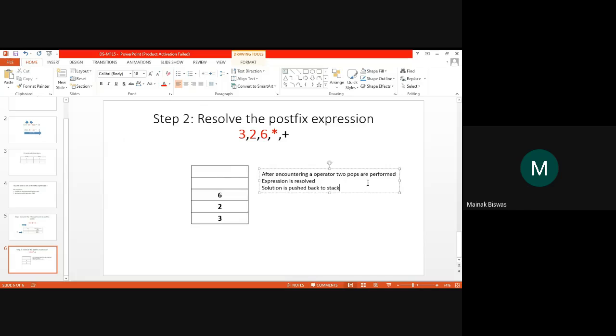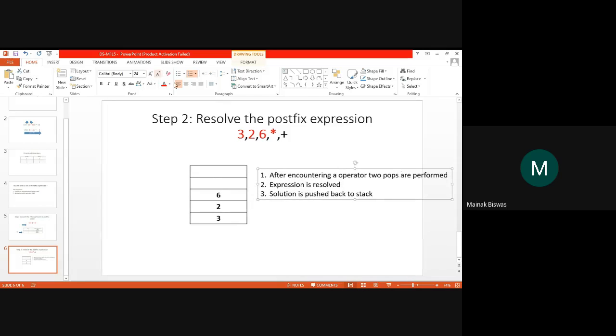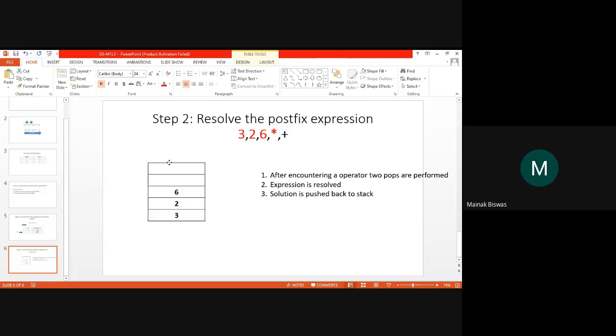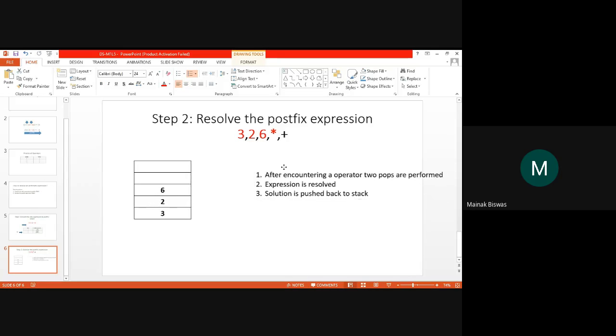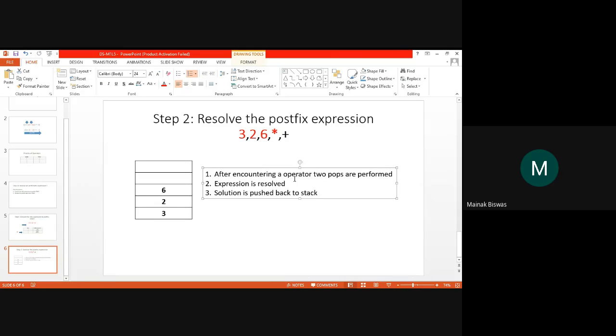So these are the three steps that happen. What are the three conditions that happen? Two pops, resolve the expression, push the solution back to the stack.